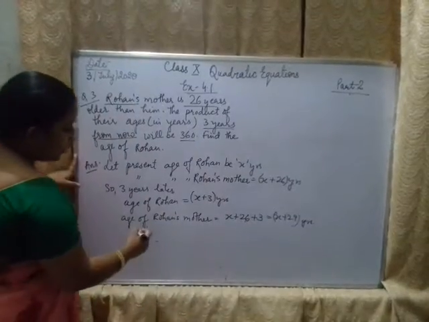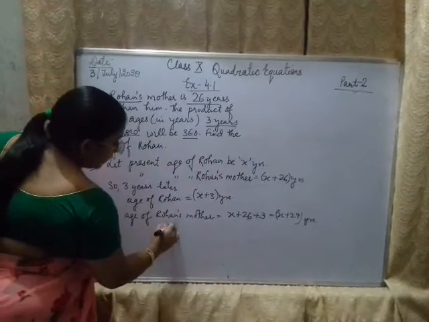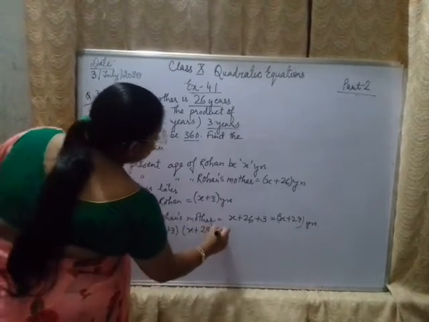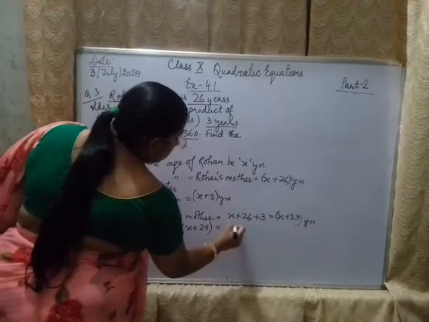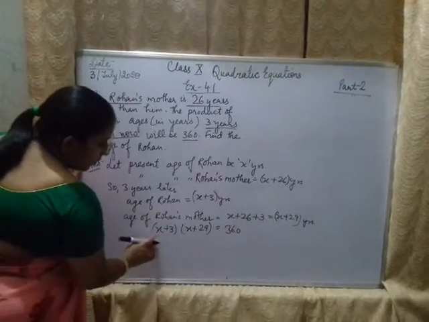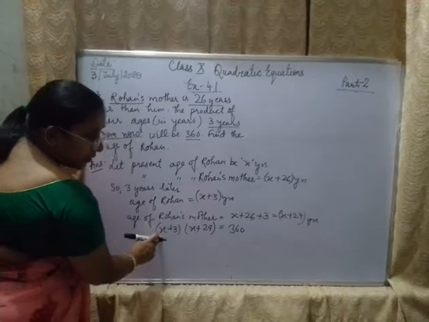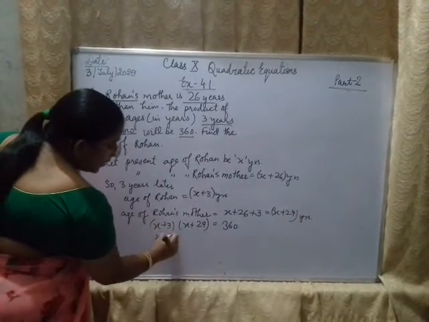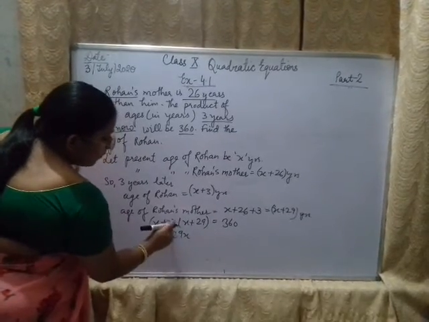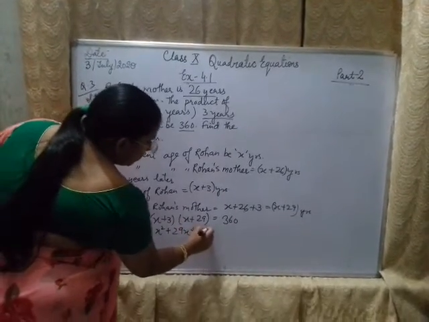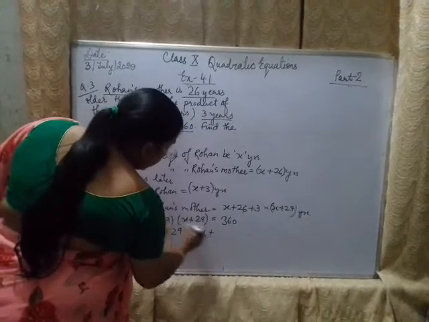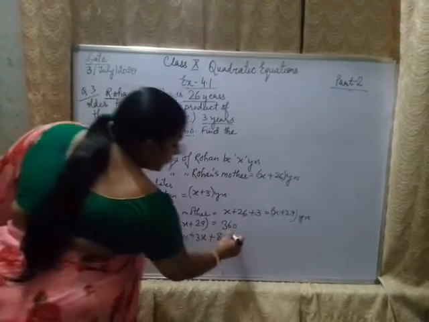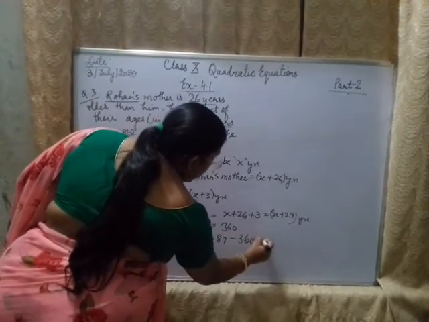Okay, then the product, x plus 3 into x plus 29, is given as 360. Now you will open the brackets. The multiplication of two brackets: x into x is x square, then x into 29 is plus 29x, plus 3 into x is 3x, plus 29 into 3, 9 3s are 27, 3 2s are 6, that is 87. And this 360 will come to the left hand side.